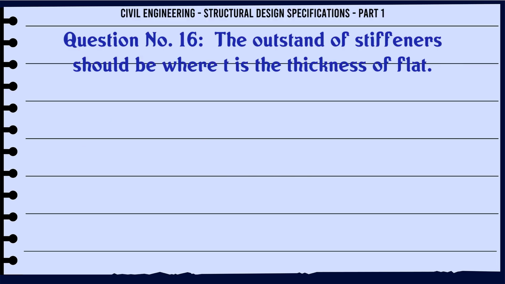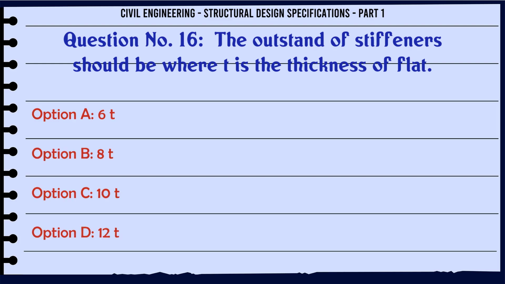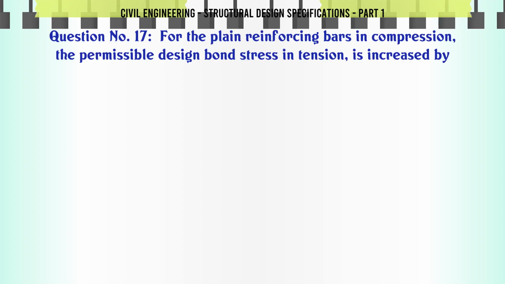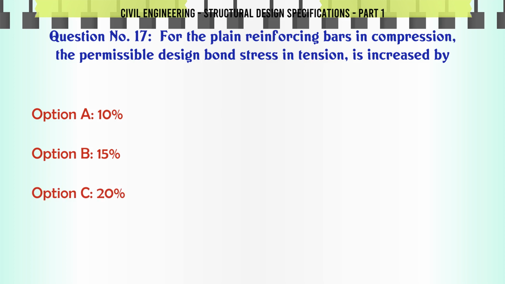The outstand of stiffeners should be, where T is the thickness of flat: A. 6T, B. 8T, C. 10T, D. 12T. The correct answer is 12T. For plain reinforcing bars in compression, the permissible design bond stress in tension is increased by: A. 10%, B. 15%, C. 20%, D. 25%.